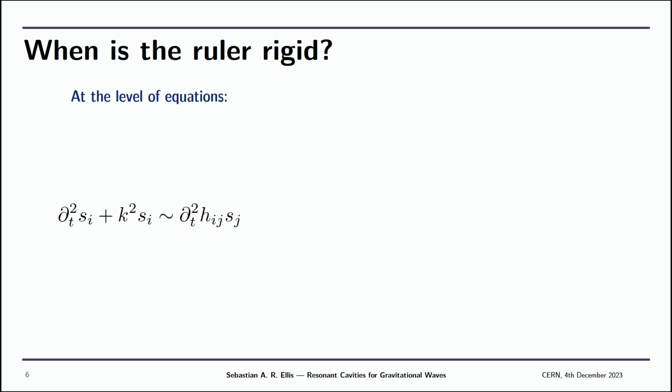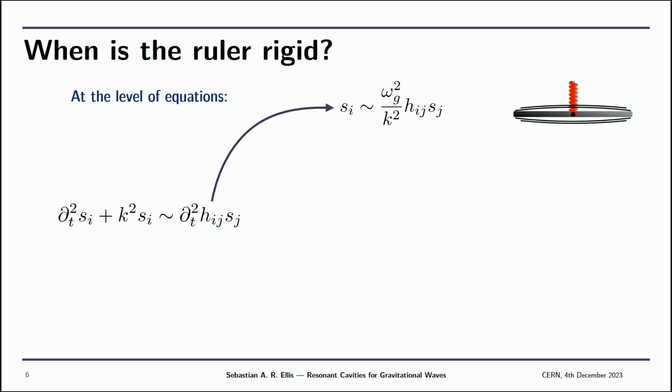So at the level of equations, I'm going to write this sort of standard equation of motion where I've got my Newtonian force in the proper detector frame due to the gravitational wave h acting on some ruler with length s. And I'm going to ask what happens in these various limits. So clearly, if I'm in the long wavelength limit, then the dt squared on the left-hand side is going to be negligible compared to the k squared, which is some intrinsic quality of the object.